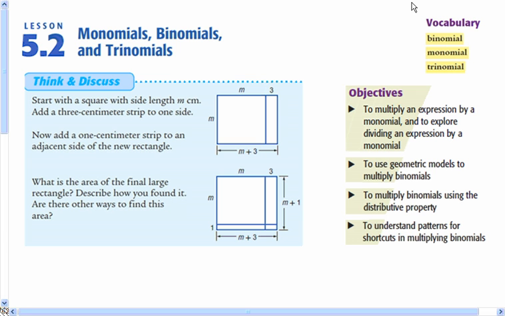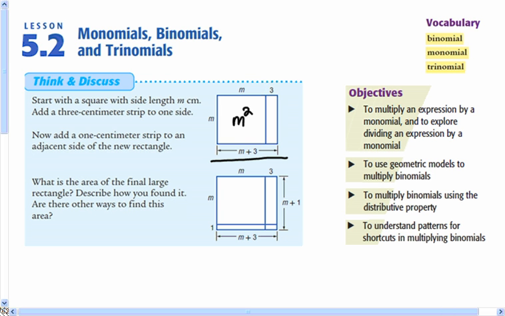Anyway, just thinking about what we did before, where we were using rectangular models to represent areas and expressions for those areas and to multiply them. Take a look at this one here. This is an expression that we had before, so we can represent this expression two ways.